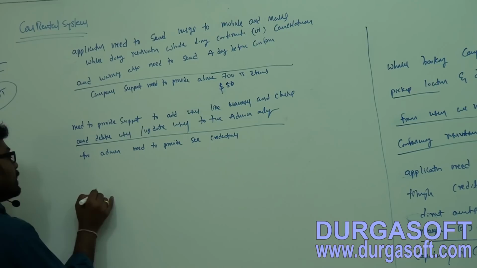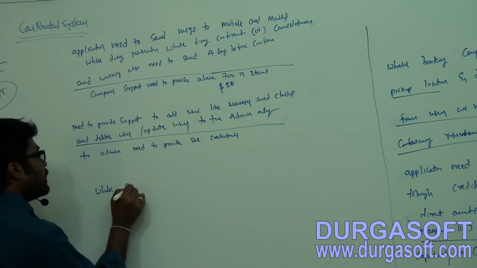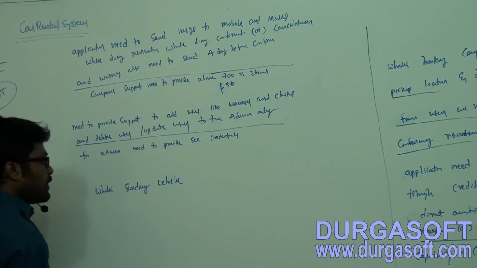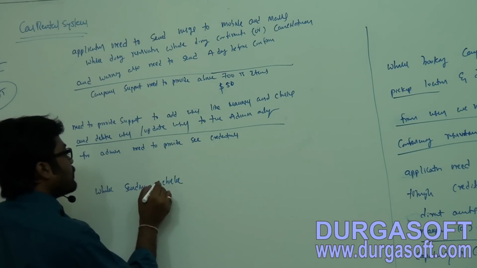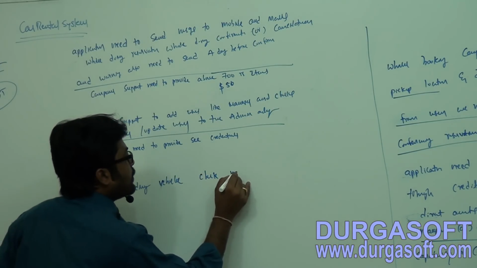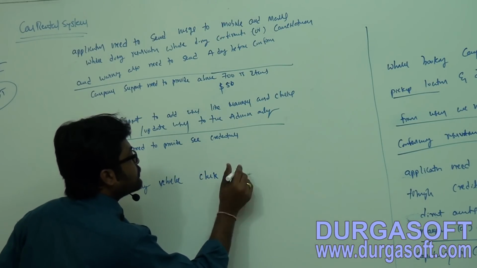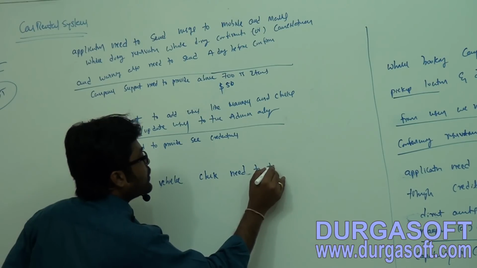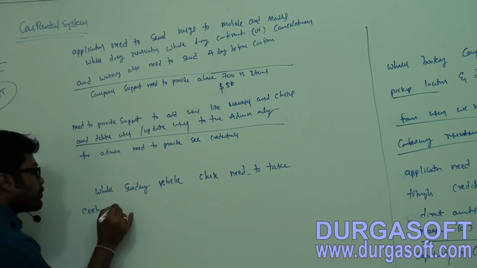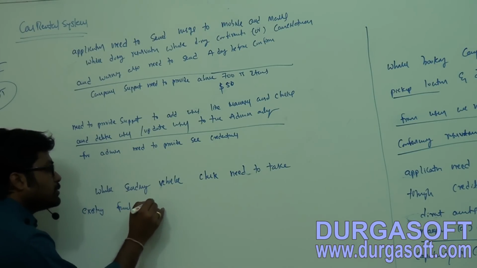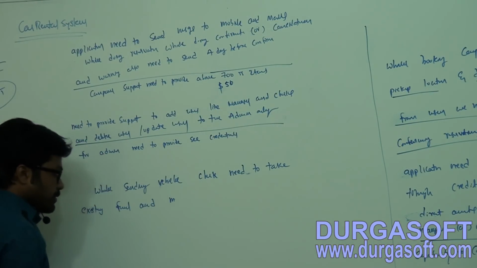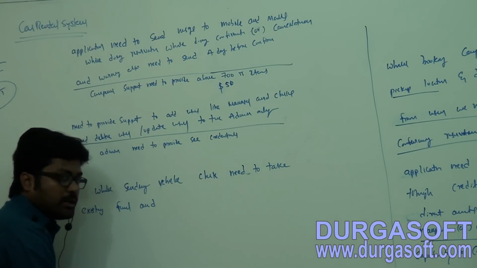While sending the vehicle, the clerk needs to take the existing fuel and meter kilometer readings. What do we call that meter?